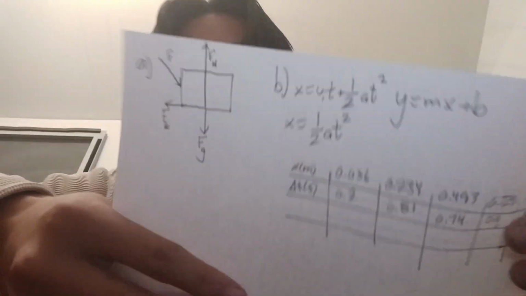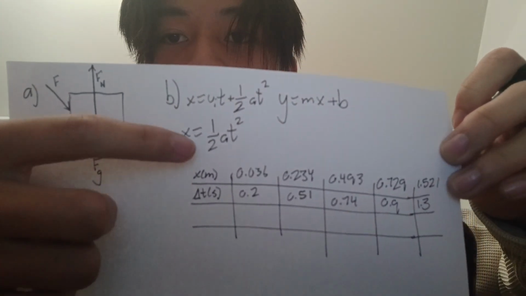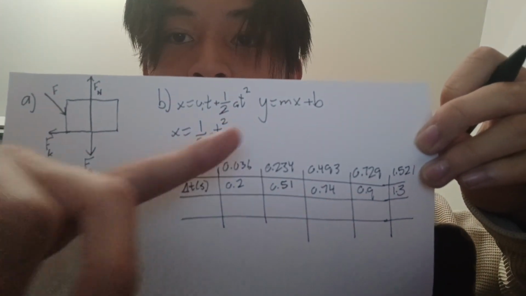So I'll just start labeling these, the initial values given first. So these are the values given to us by the table so far, right? And again, in order to turn this into this, the x here would have to be t squared, the m would be 1/2 a, and the y would be x here.